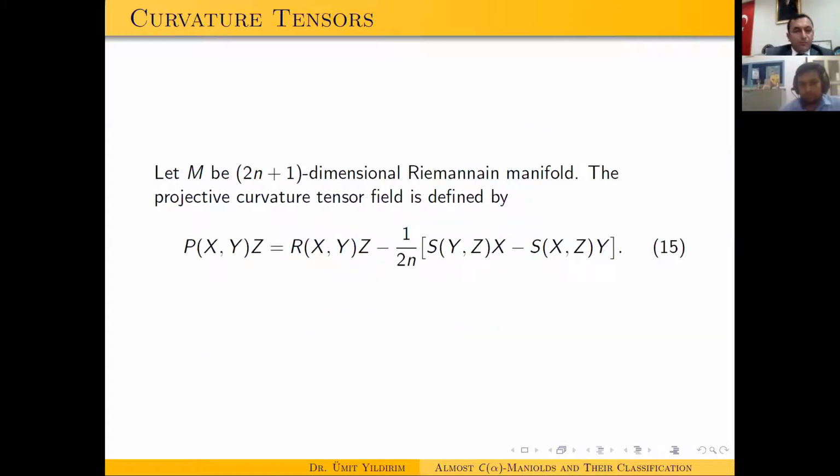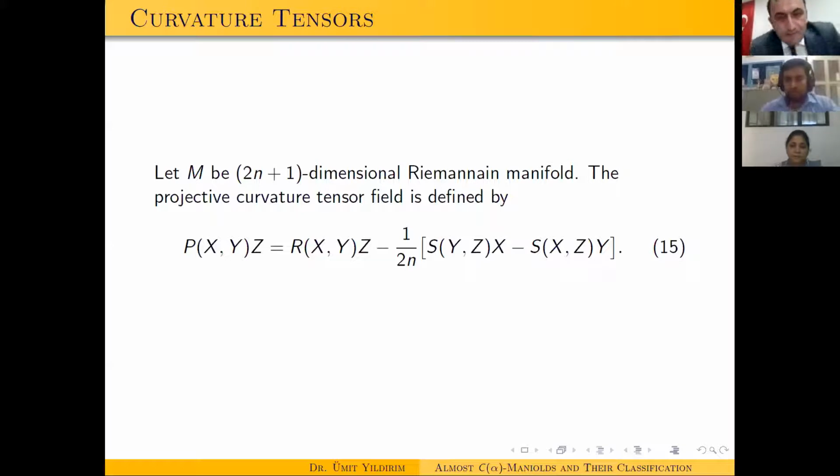Let M be a 2n plus 1 dimensional Riemannian manifold. The projective curvature tensor field is defined by this equation: P(X,Y)Z equals R(X,Y)Z minus 1 divided by (n-1) times S(Y,Z)X minus S(X,Z)Y.